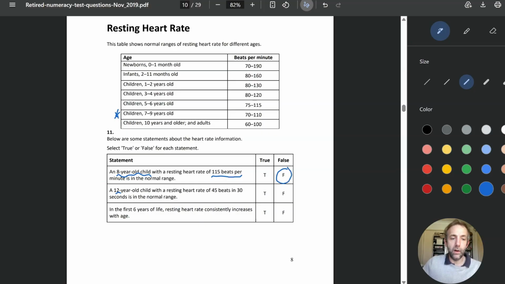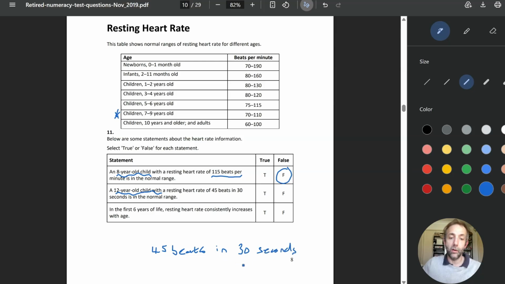Next, we have a 12-year-old child whose resting heartbeat of 45 beats in 30 seconds is in the normal range. So they're trying to catch you out there because that's in 30 seconds. So if I just put here 45 beats in 30 seconds, remember this table isn't based on 30 seconds.